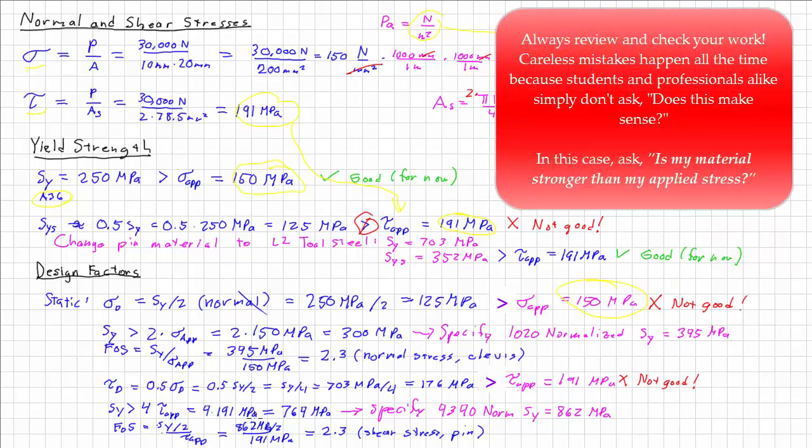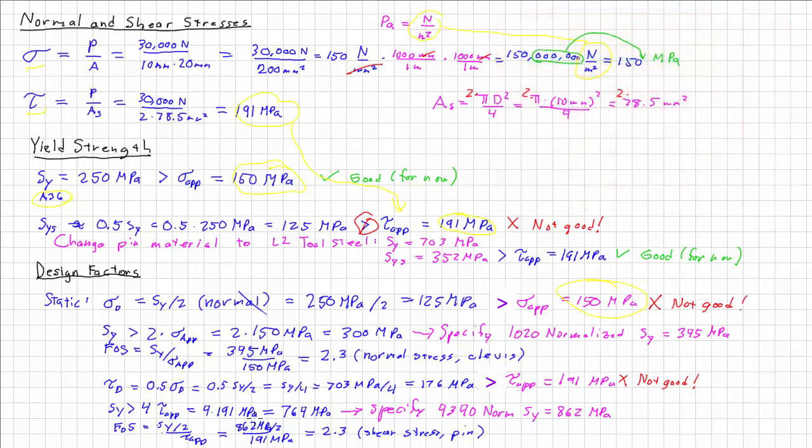If it looks like you have a material that is weaker than your applied load, you need to say, where did I go wrong? Look at the different values of the different things and see if they make sense. Use some critical thinking skills, because it's very easy to misplace a factor of 2 or multiply by the wrong number in your calculations. So it's very important to go back and see what makes sense.